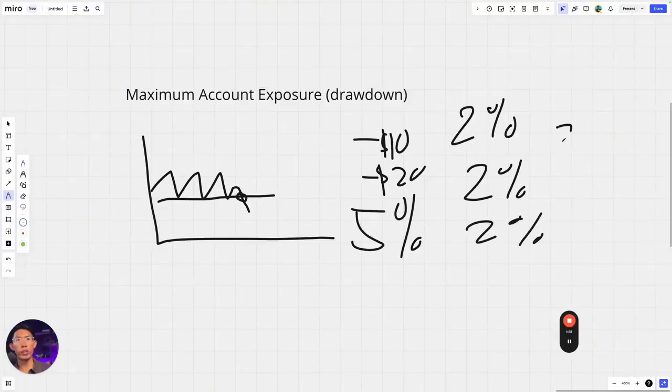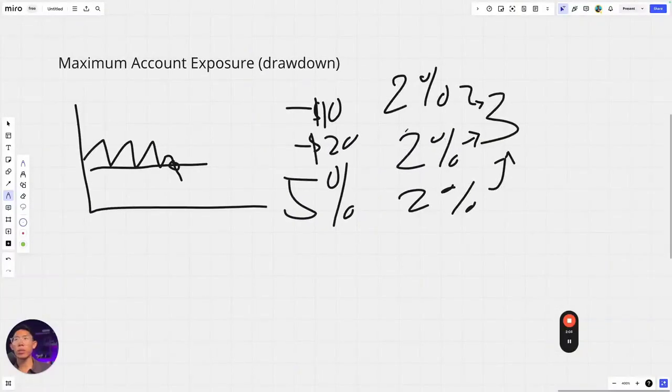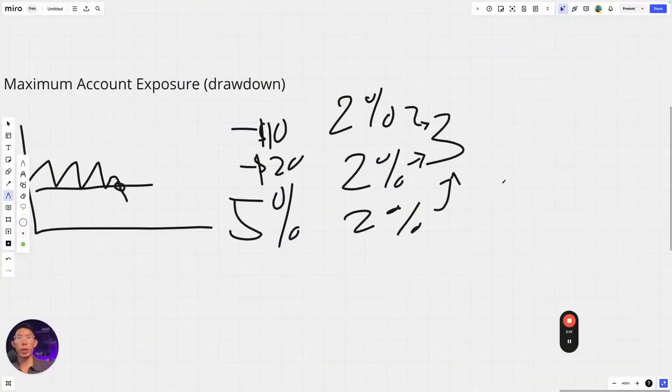Let's say you have 3 trades, all of which are risking 2%. In that case, the maximum is 6%, where all your trades hit stop loss and you lose 6%. But the drawdown should only be 5%, like the maximum.